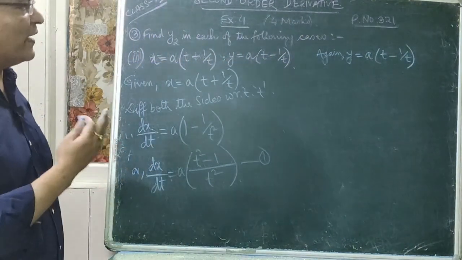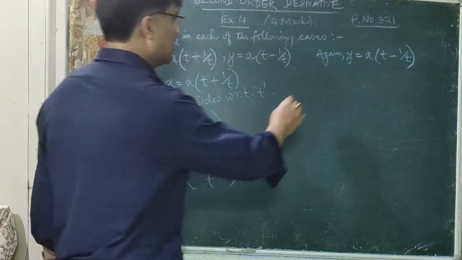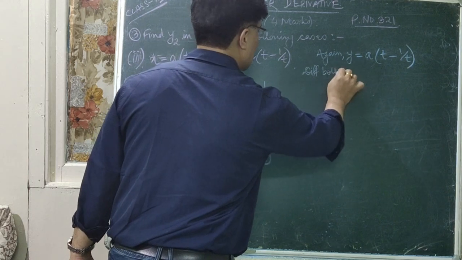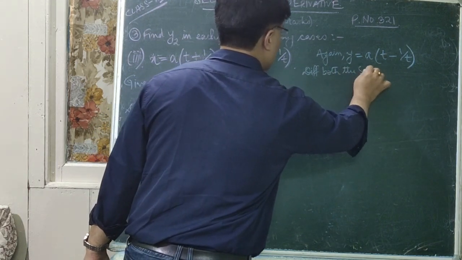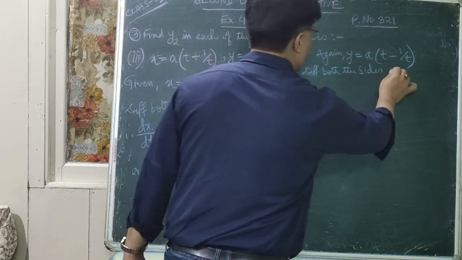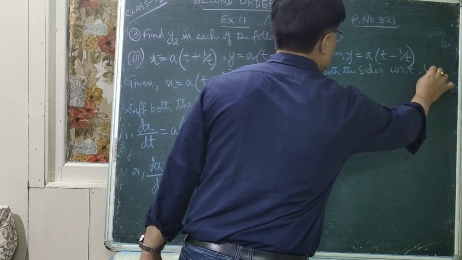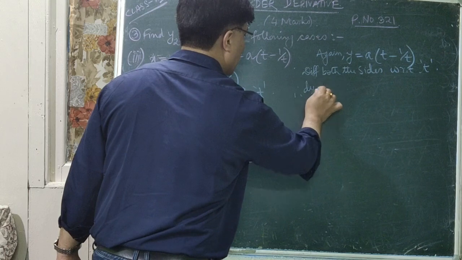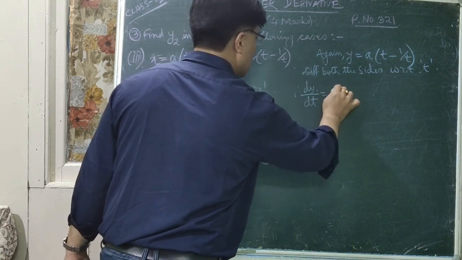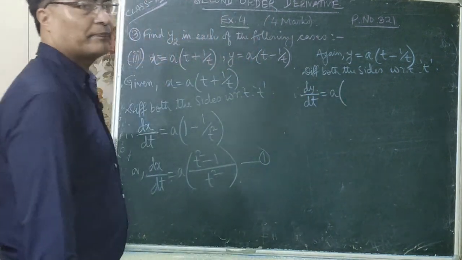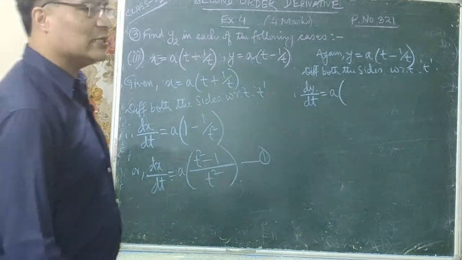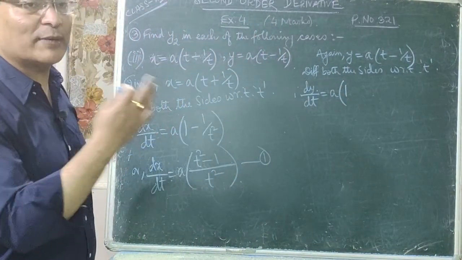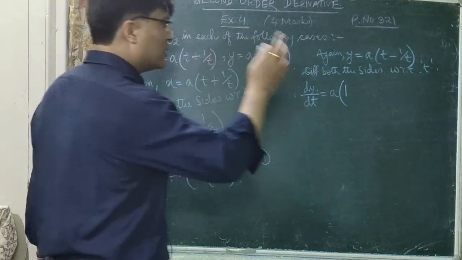Now you can easily find out dy by dt, that is differentiating both the sides with respect to t, right? So therefore dy by dt is equal to a within bracket. Now what is d by dt of t? That is your 1. Similarly, what is d by dt of 1 by t? Minus 1 by t square. But here it is minus.